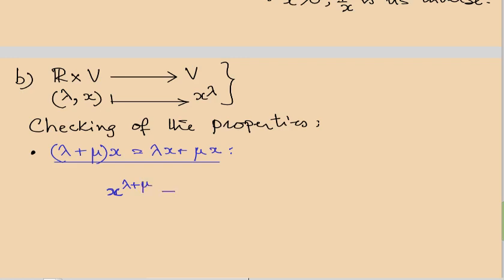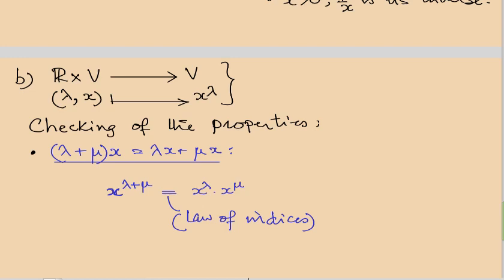Now herein comes the laws of indices. So this is nothing else but x to the power lambda times x to the power mu.